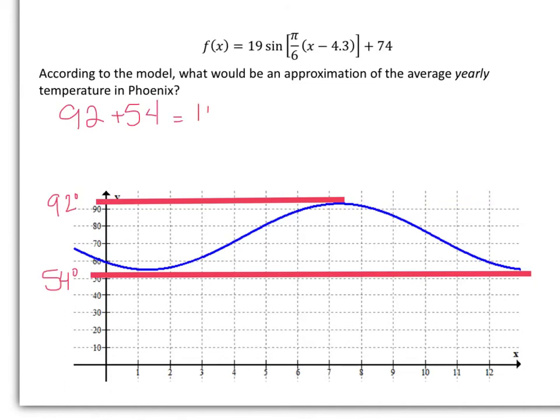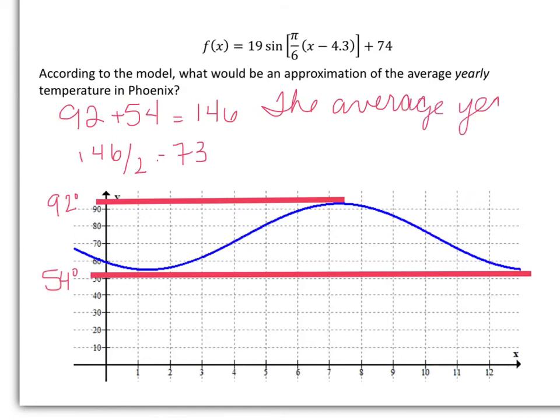That gives me 146. Divide that by 2, 73. So according to this, the average yearly temperature is about 73 degrees.